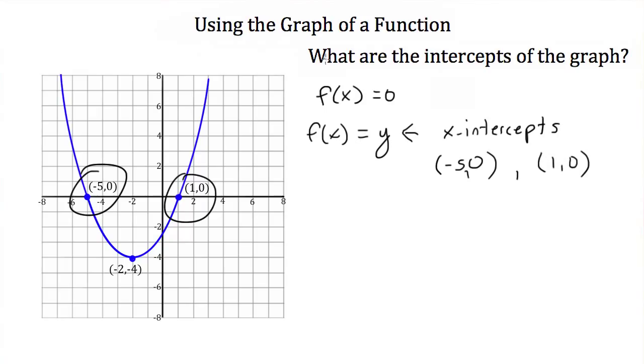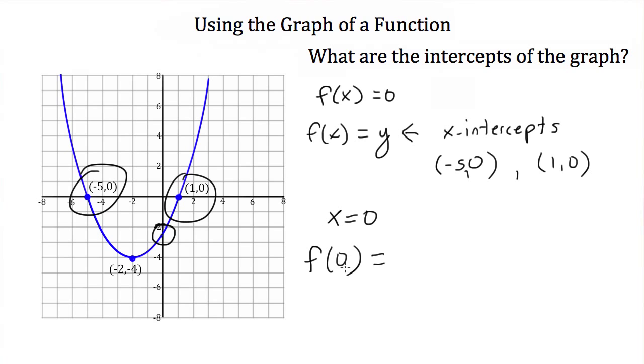Now we may also look for the y-intercepts. That's when x is equal to 0. So if we want the function value when x is equal to 0, we can find that on our graph too. That would be right about here, because if x is equal to 0, that's the y-axis, and we cross the y-axis at about 2.5.